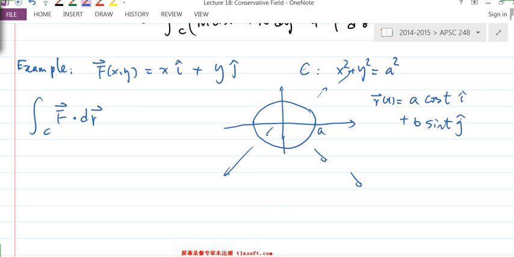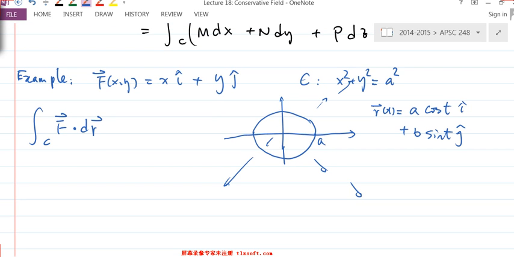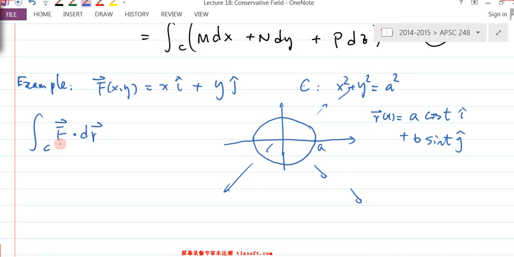If I apply the formula, the vector function F, which is x, y, requires replacing x and y with x of t and y of t.